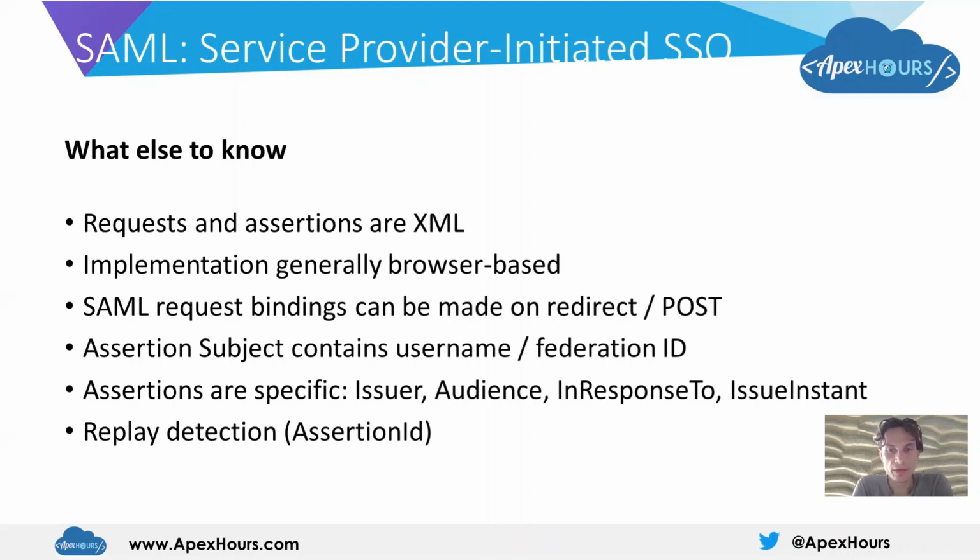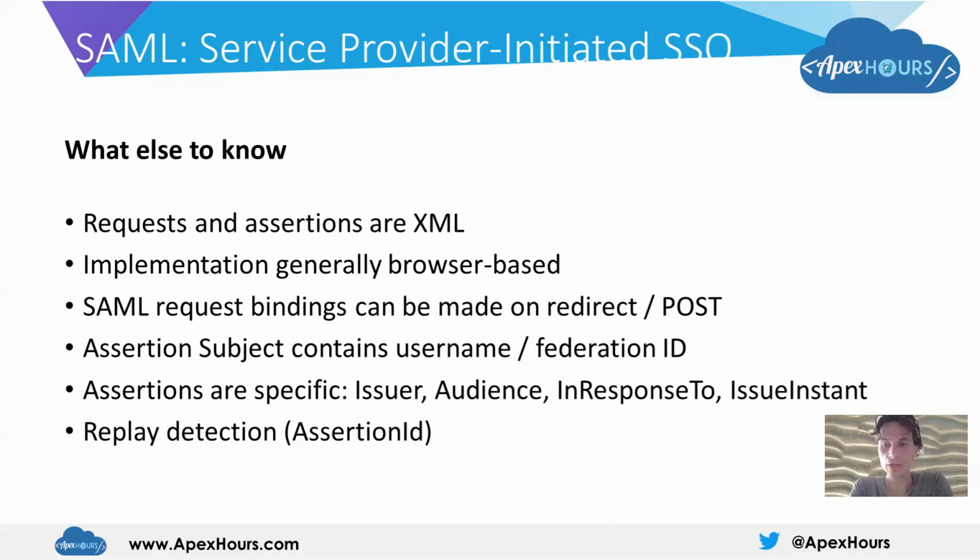There's a few attributes within the assertion that make it specific to the context that it will be used in the service provider. So there's an issuer attribute. This will be set to the entity ID of the identity provider, which makes it very clear within the assertion who the assertion's been provided by.